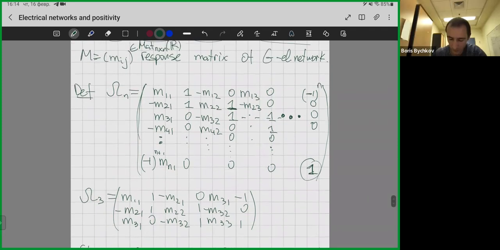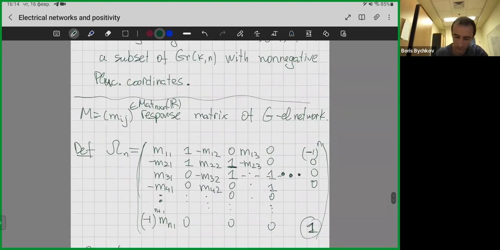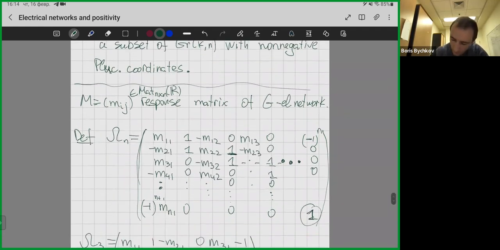So the assumptions are just, let G be a planar electrical network, then we obtain a point of the Grassmannian n minus 1 to n.